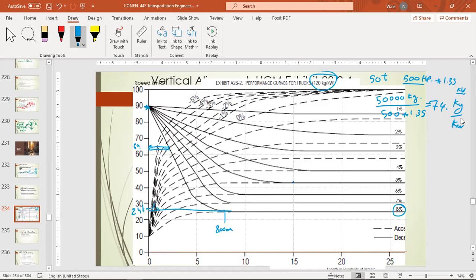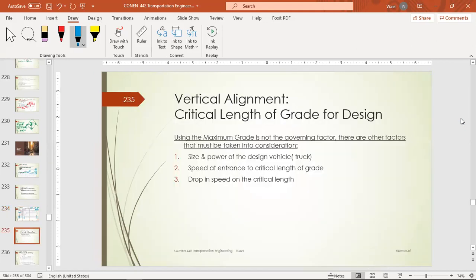As you can see, not just the degree of the grade, but also the length plays a major role in the impact on the speed of the vehicle. Also, the entrance speed, the speed at entrance to that critical grade length, is important.